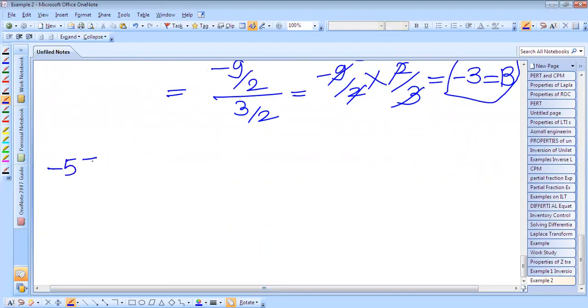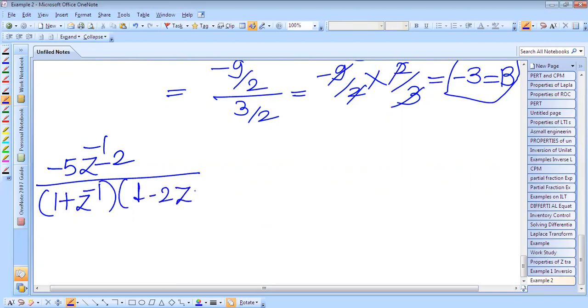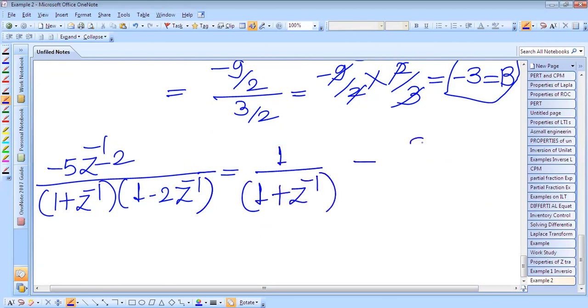So minus 5 z raised to power minus 1 minus 2 divided by 1 plus z raised to power minus 1 minus 2 z raised to power minus 1 is equal to 1 upon 1 plus z raised to power minus 1 and minus 3 upon 1 minus 2 z raised to power minus 1.